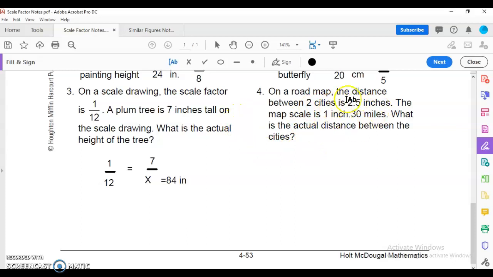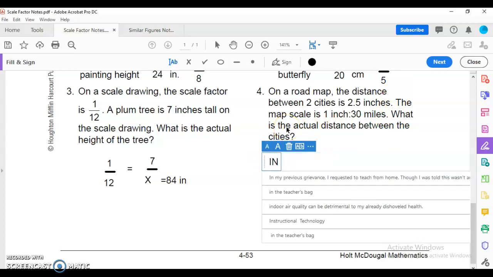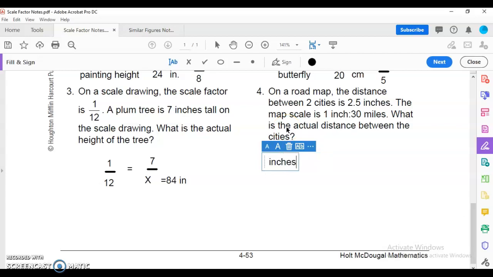Now I'm going to use this one because this one's got a decimal in it. I want to work that out for you. Okay, so it says on a road map, the distance between 2 cities is 2.5 inches. The map scale is 1 inch to 30 miles. What is the actual distance? Okay, so that lets me know this is going to be inches over miles.